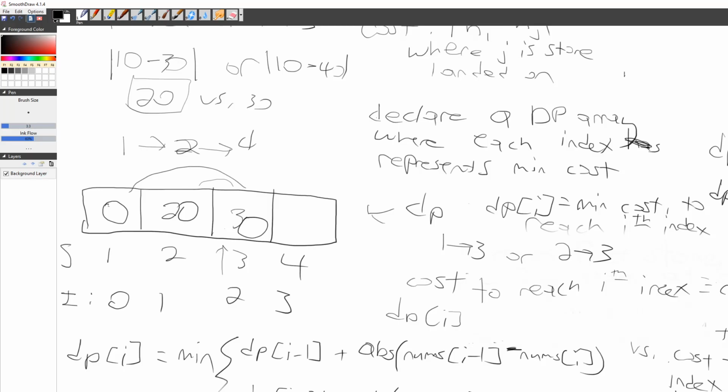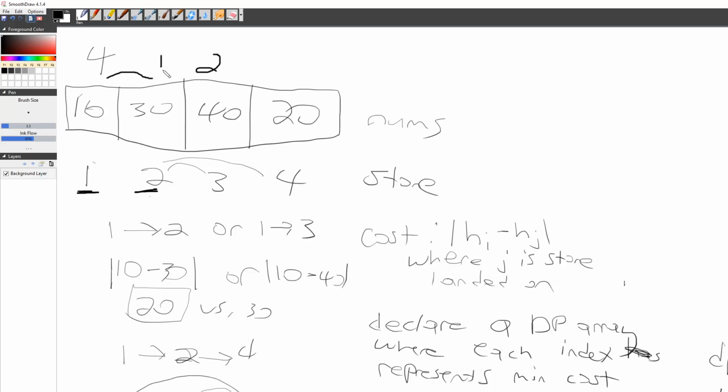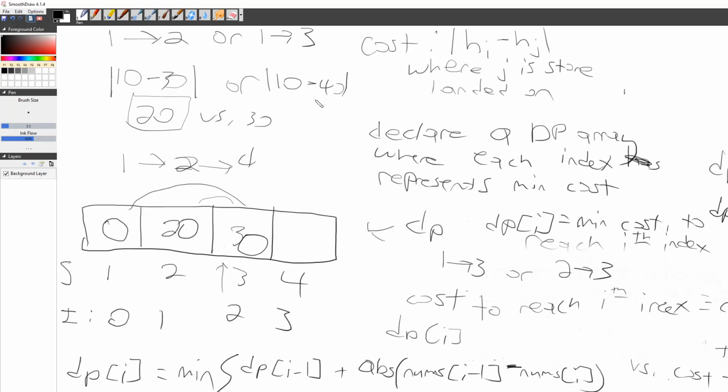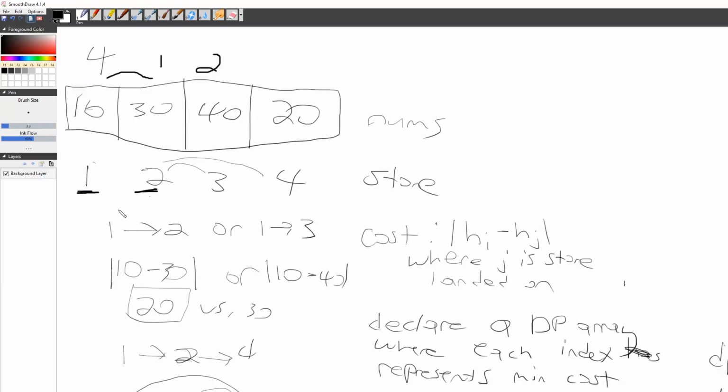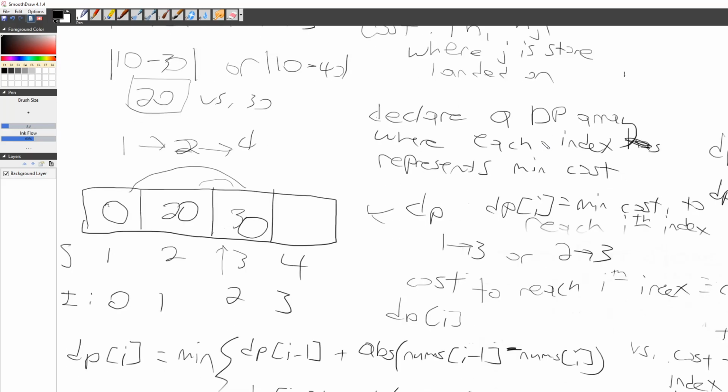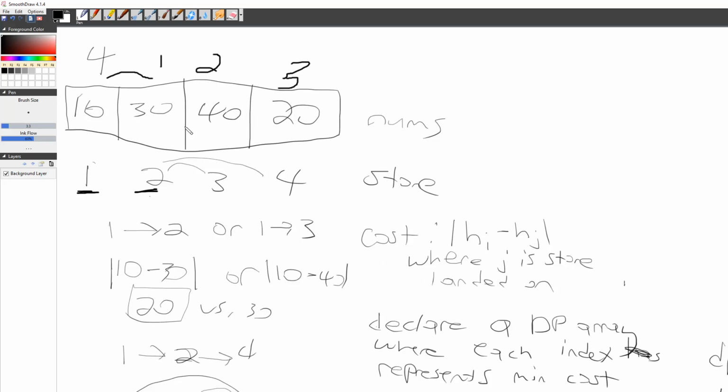Okay. dp sub 1 is 20 plus nums sub 1 minus nums sub 3. Look, this is stones, but really this is index 1, 2, 3, right? I'm sorry if that's confusing. Just remember arrays are 0 indexed. I'm sure if you're watching this, you already know that. So nums sub 1, that's 30.